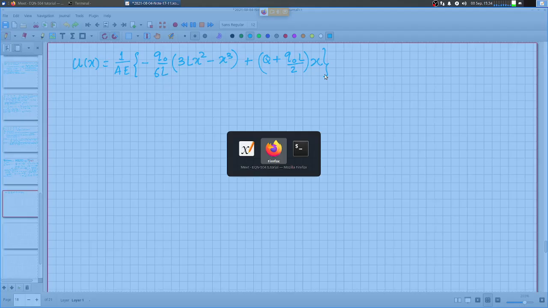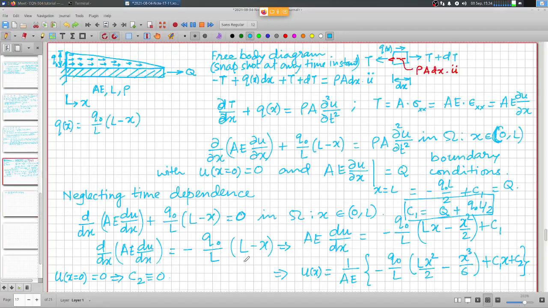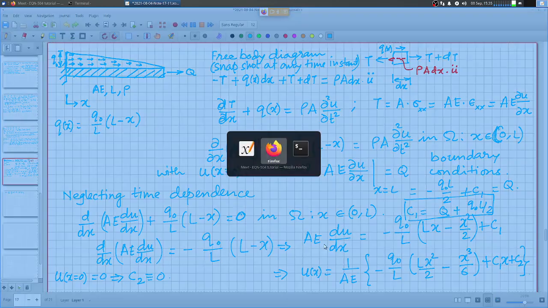So that is the solution u of x. C2 is of course equal to 0 here.